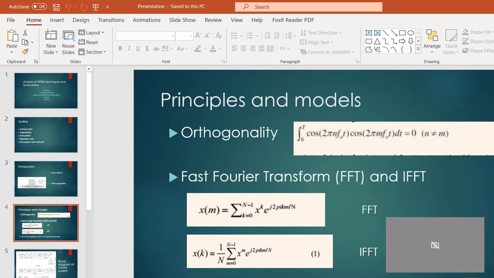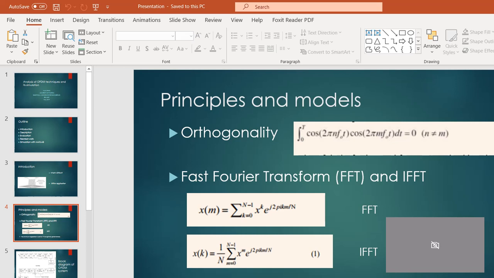Now let's talk about the principles and models behind OFDM. As we can see from its name, orthogonality is important in the OFDM technique. It's important to maintain that every two subcarriers always remain orthogonal to each other.